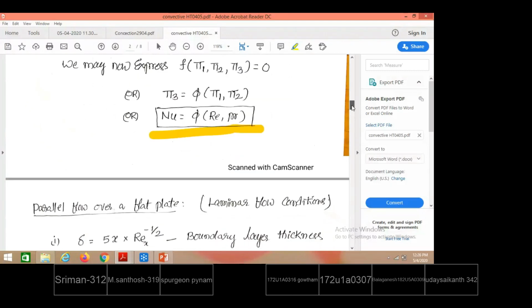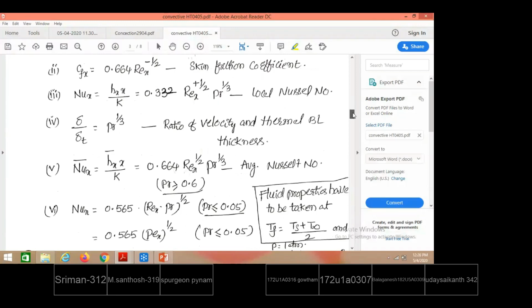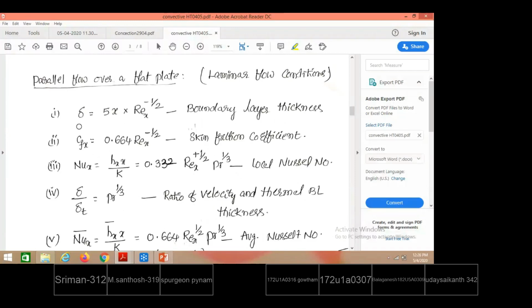After applying this dimensional analysis, in the case of laminar flow, the boundary layer thickness is obtained like this. This also is available in the data book. You need not remember any of these formulas. If you open the data book and look at external flows, forced convection, you can find all the relations given there.